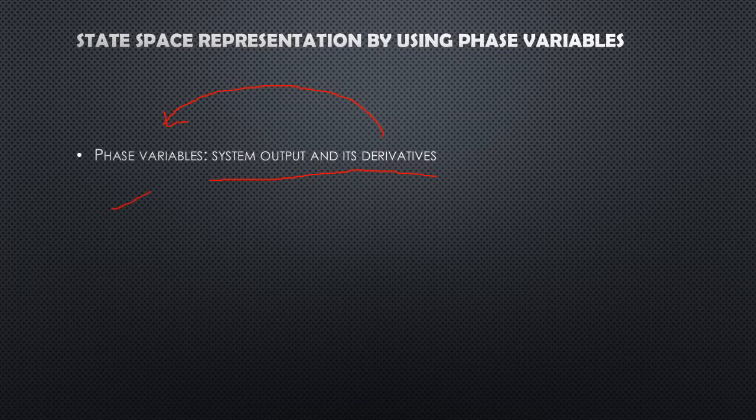By using these phase variables, we can construct the state model very easily when the system is already available in the differential equation form, or in the transfer function form, from which we can get the differential equation.